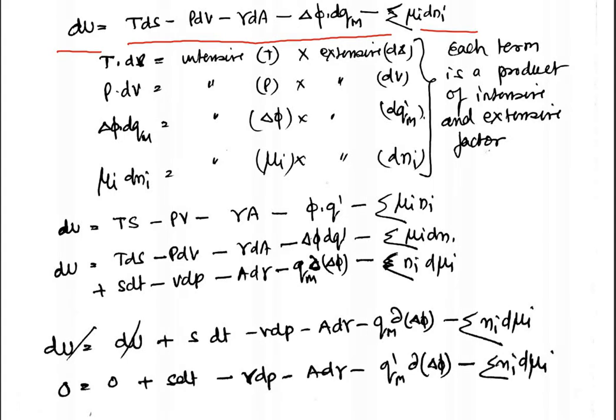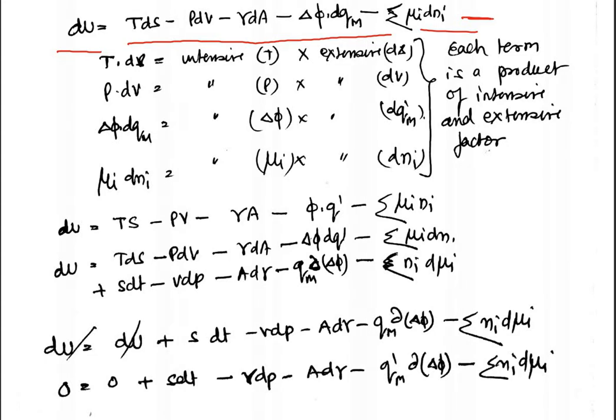Now here, this equation is a multiplication of two properties, intensive as well as extensive. This is T and dS, where T is the temperature and dS is the change in entropy. So dS is the variable term, which is an extensive property depending upon the number of molecules, while temperature is an intensive property, which does not depend upon the number of molecules.